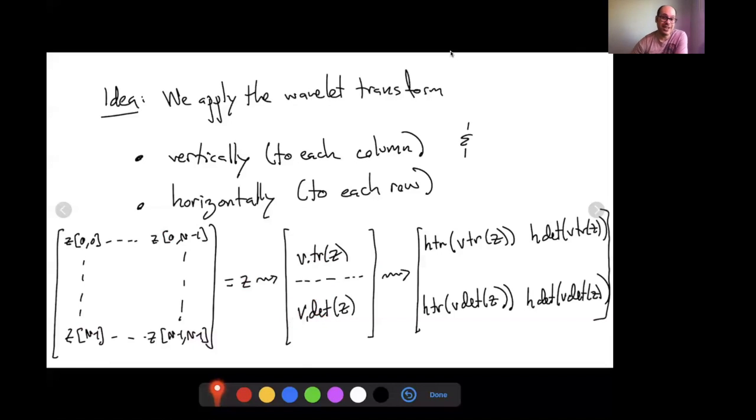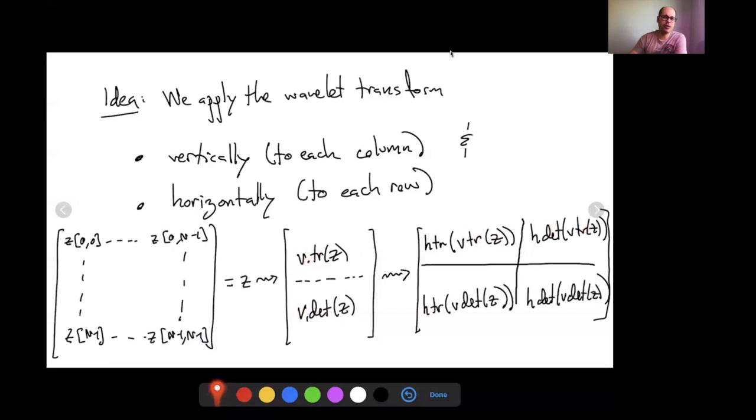Then what we do is we do the exact same thing to the rows of the matrix that we've gotten after this wavelet transform. When we do that, we get a matrix that now splits up into four parts. The top part is broken up horizontally as the horizontal trend of each of these rows and the horizontal detail of each of these rows, and likewise for the bottom part.